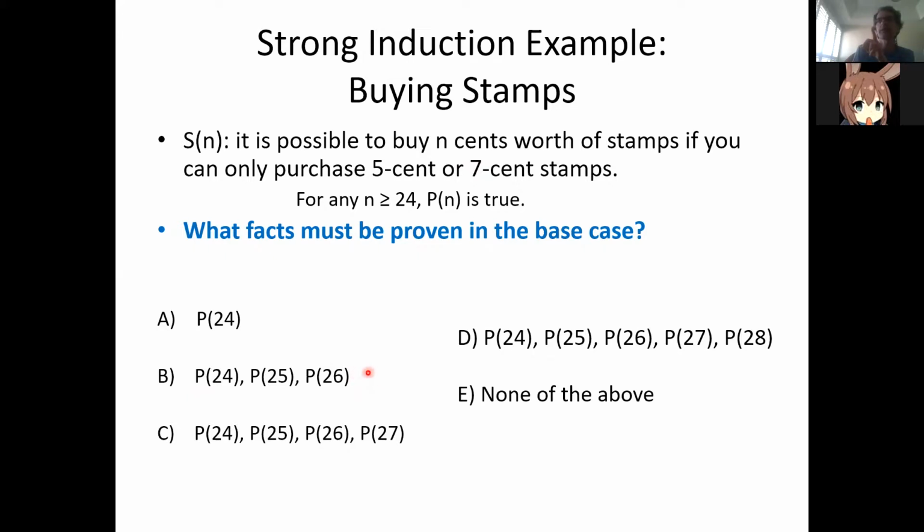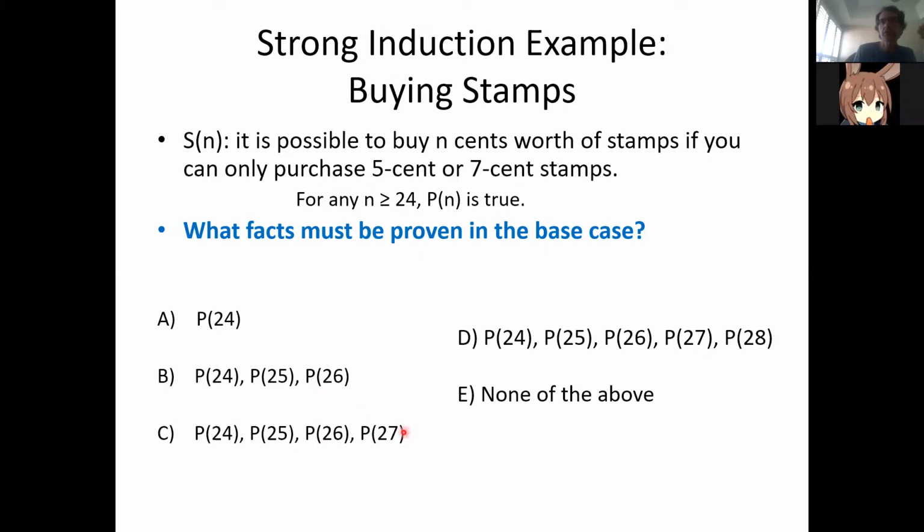Now your inductive step has to work for 27, but it will not, because 27 minus 5 is 22. I don't know if it's true for 22, but it's not in this set of cases for which you proved this thing by hand. It's not part of your base case.